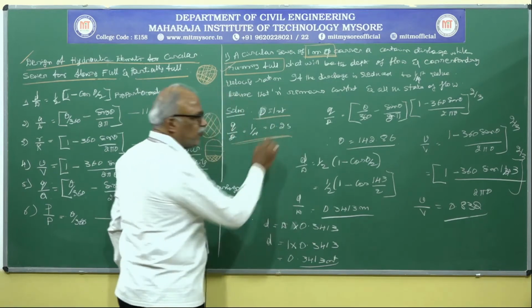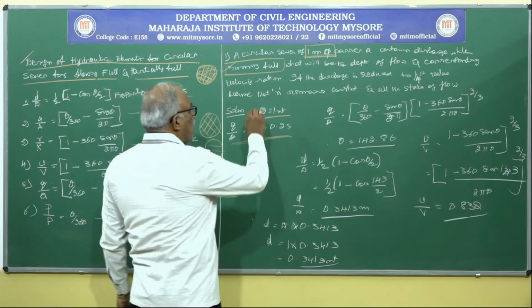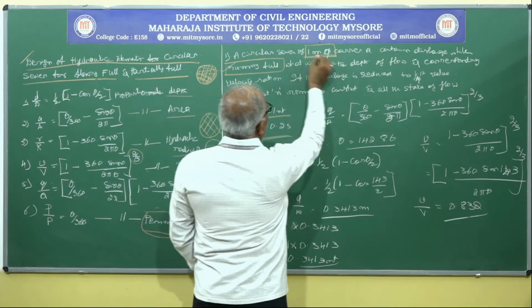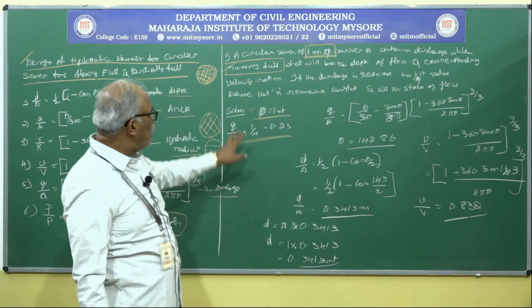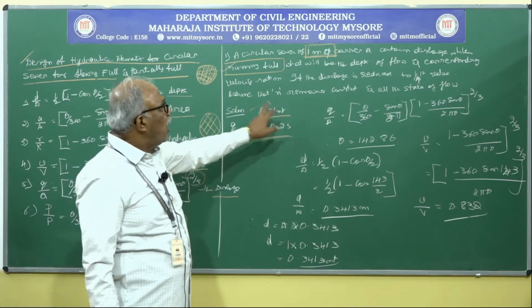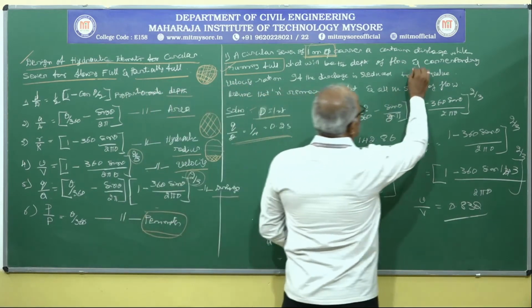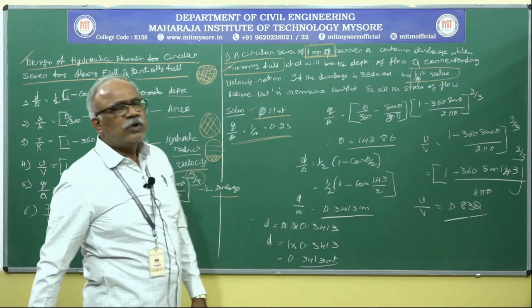So next, what all the things is given in the problem? First, I am listing out the diameter. In the problem it is mentioned a circular sewer of 1 meter diameter. So capital D equals 1 meter. And the second condition is that the discharge is reduced to 1/4 full.